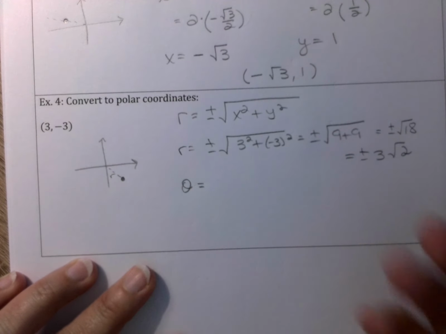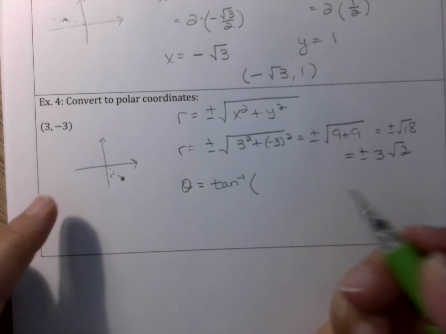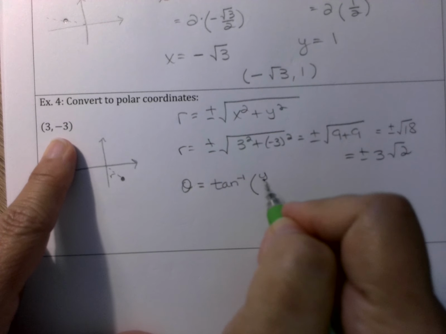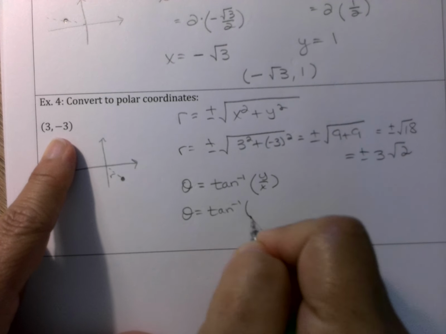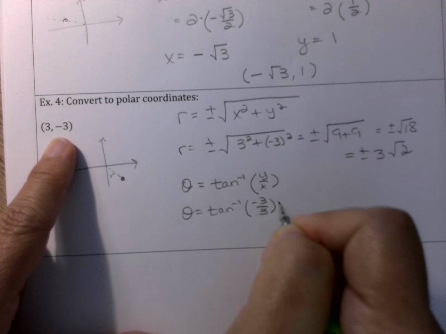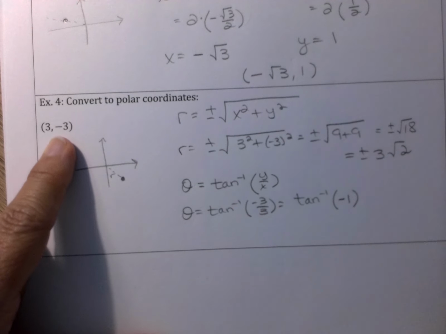Now the theta. Theta is going to be the inverse tangent of y over x. So inverse tangent of negative 3 over 3, which is the inverse tangent of negative 1.